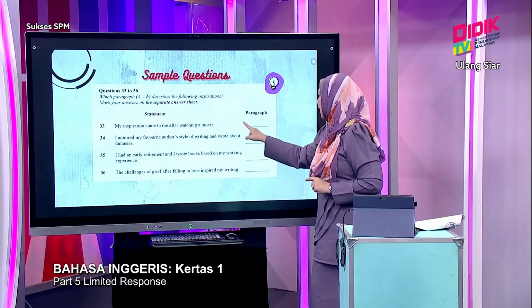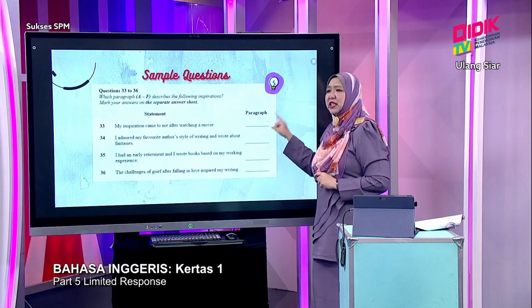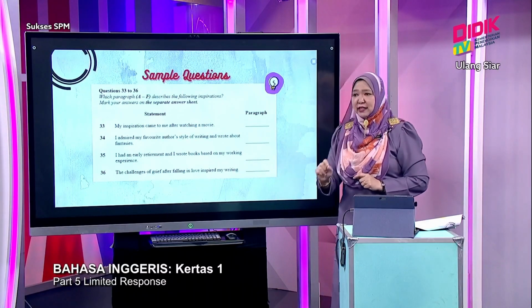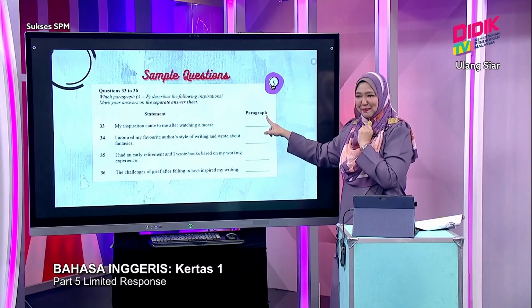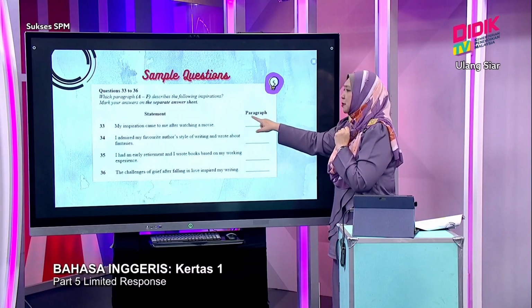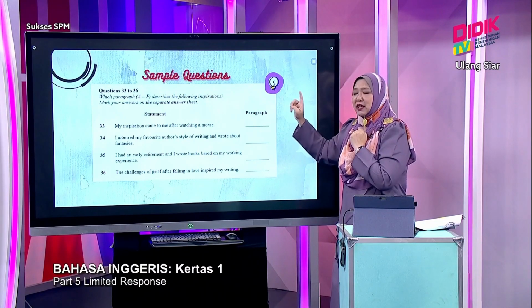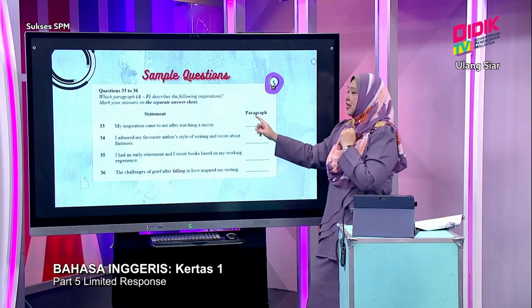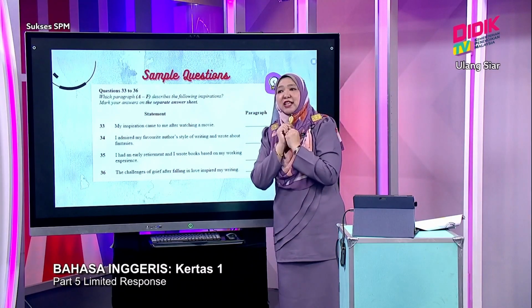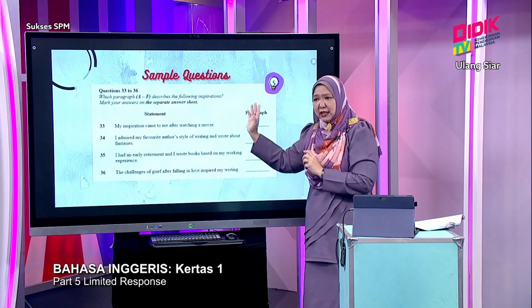It is stated clearly here that you need to give paragraph, not name. Not Martin Clark, not name, not person. So this is paragraph. Okay, so this is what I mean when we say read the instruction carefully. So this is the first task, 33 to 36.